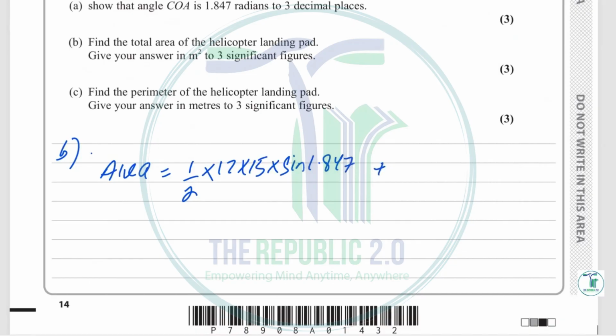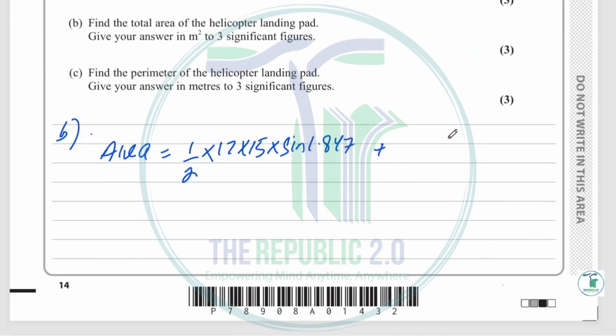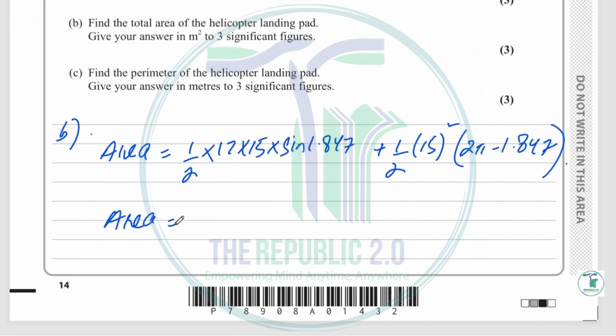Now, if you want to calculate the area of the sector, you must use 1 by 2 r squared theta. The radius of the circle is 15 squared, and the theta is going to be 2 pi take away 1.847. You just need to add them up, and you'll get the total area, right, in the B part.